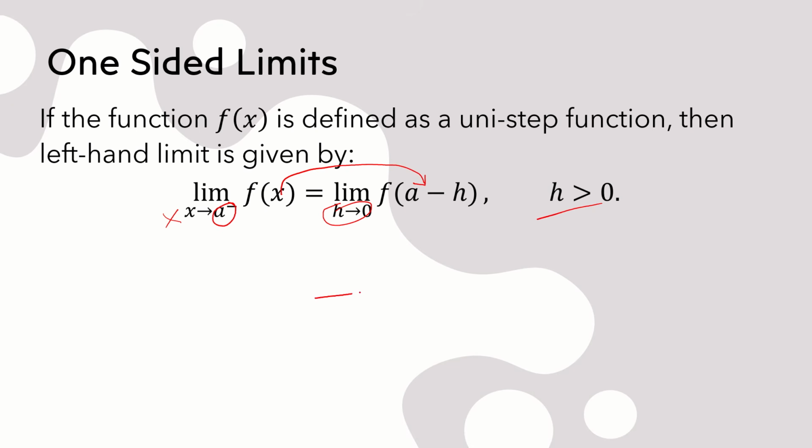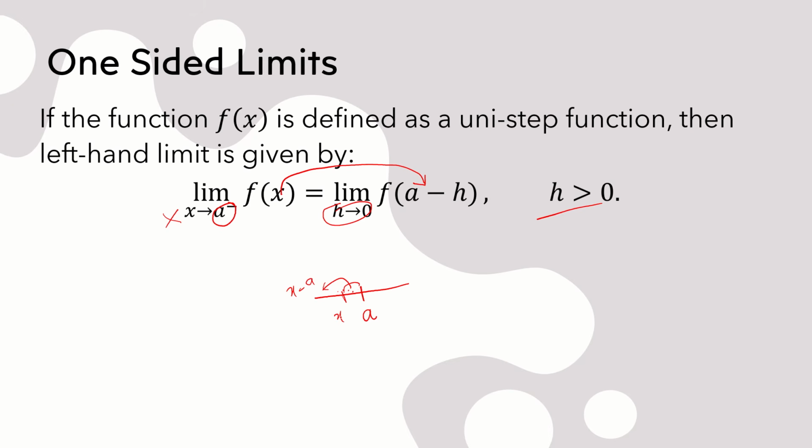And why do we do that? If you consider a point A, let's suppose this is point A, and we want to find a left-hand limit, it means we'll be taking all points to the left of this point. So if we consider, let's suppose this is my point x, so this distance is what? This is basically x minus a in this case, right?